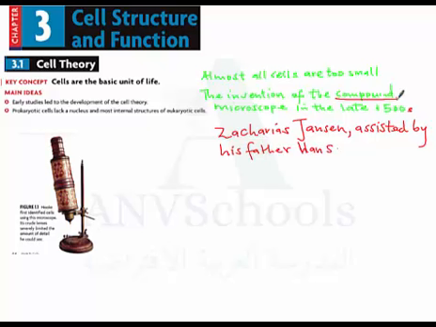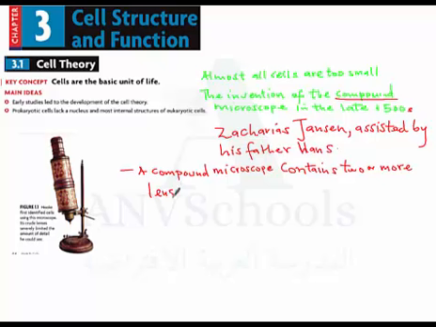So a compound microscope contains two or more lenses. Because of it having more lenses, the total magnification of the product was high.